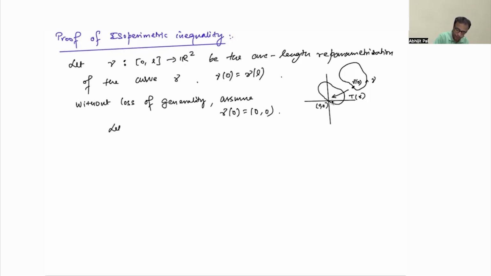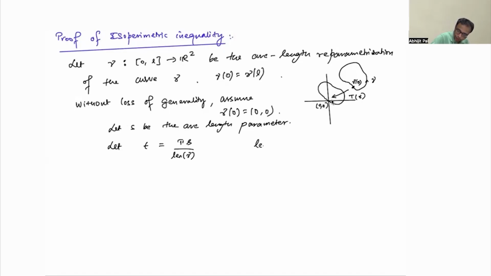And now what we are going to do is change the arc length parameter. Let s be the arc length parameter. We'll define another parameter: let t equal pi s divided by the length of gamma.